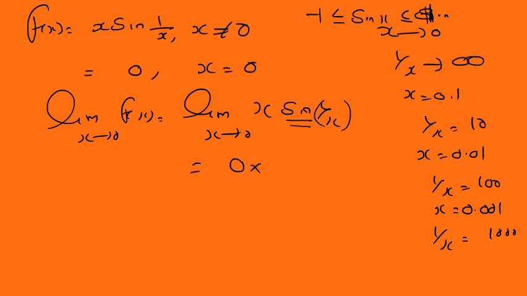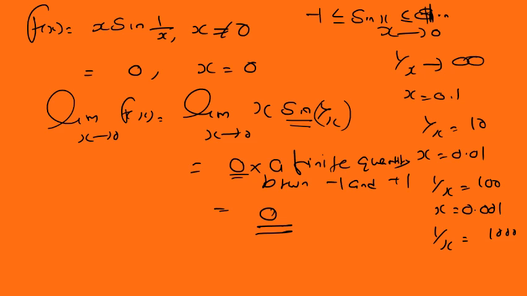So 0 into this we can write a finite. ഈ 1 by x എന്തെങ്കിലും ആയിക്കോട്ടെ, സൈനിന്റെ വാല്യൂ എപ്പോഴും ഒരു ഫൈനൈറ്റ് ക്വാണ്ടിറ്റി between -1 and +1 ആണ്. 0 കൊണ്ട് എന്തിനെ മൾട്ടിപ്ലൈ ചെയ്താലും 0 എന്നല്ലേ കിട്ടുന്നത്? f of 0 യും 0.